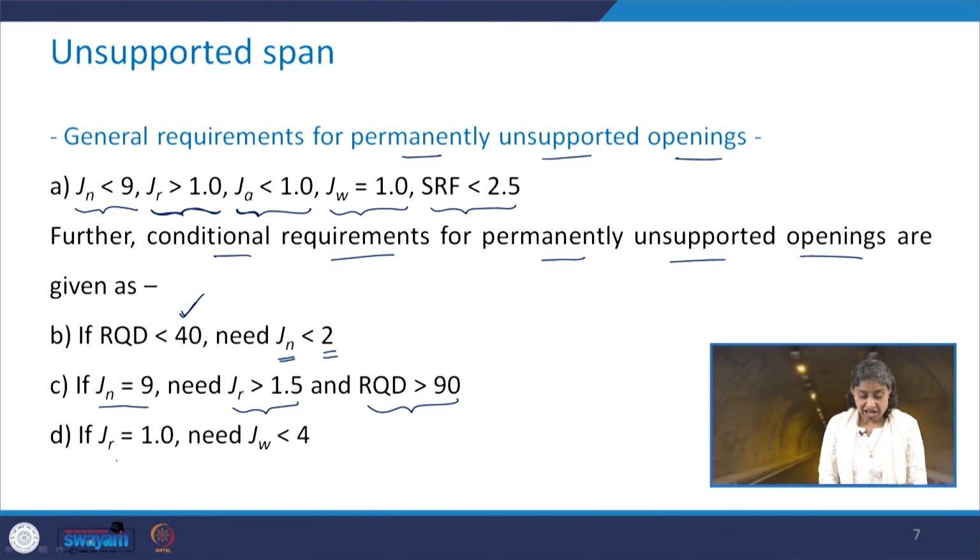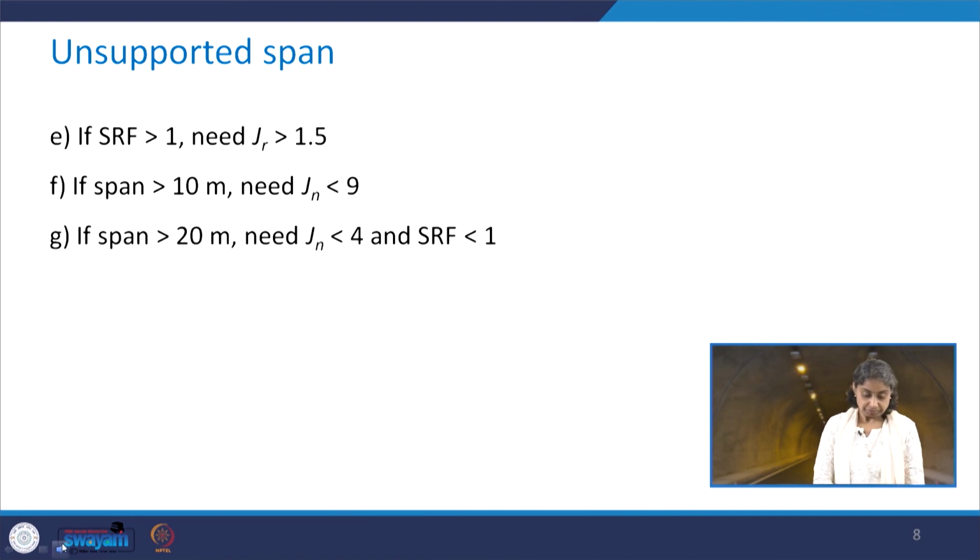If JR is equal to 1, that is, joint roughness number is equal to 1, we need to have JW less than 4. These numbers 9, 1.5, 1, 4 all correspond to the ratings assigned to these parameters as per the Q system.